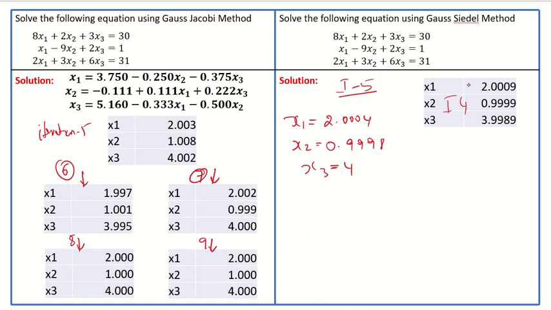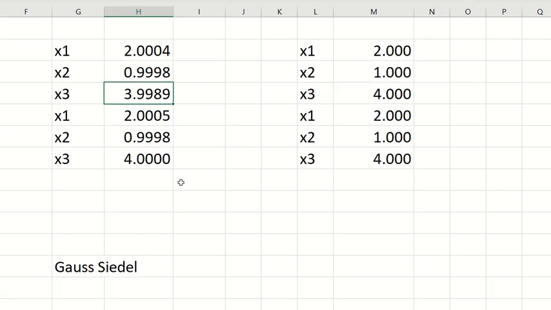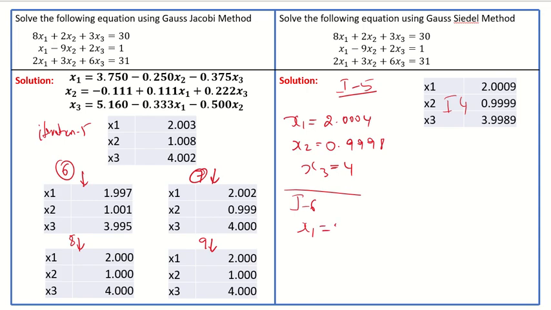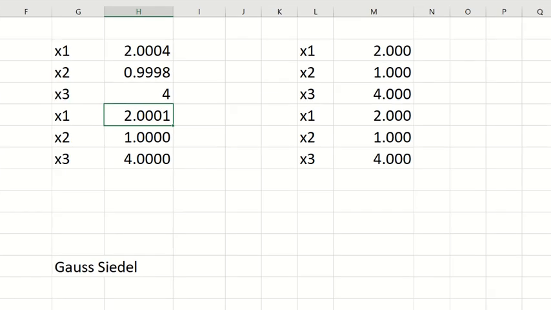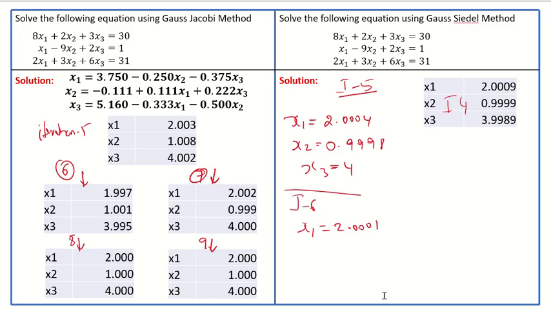Next, in iteration 6 you are going to use these values of x2 and x3 to find out x1. The x2 value will be 0.998 and x3 will be 4. So I am going to put the value here, and you are going to get x1 as 2.001. And this 2.001 I'll substitute in the equation to get the answer for x2, and I am going to get x2 as 1.